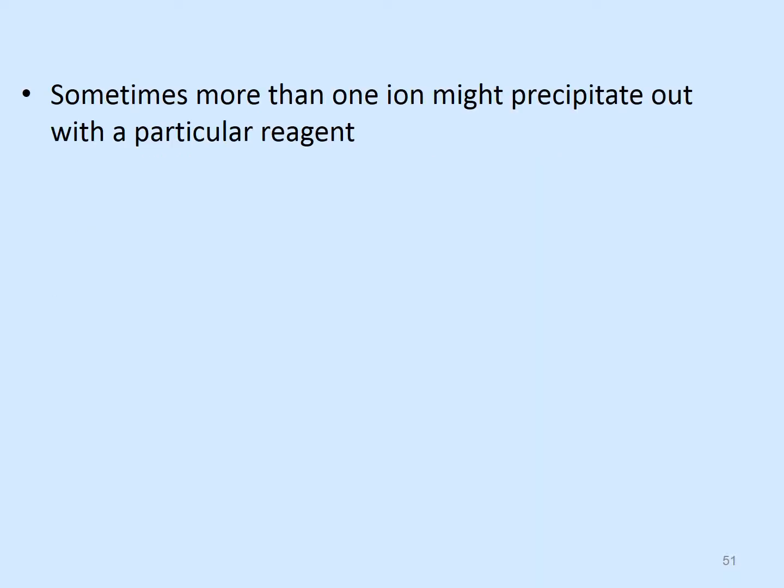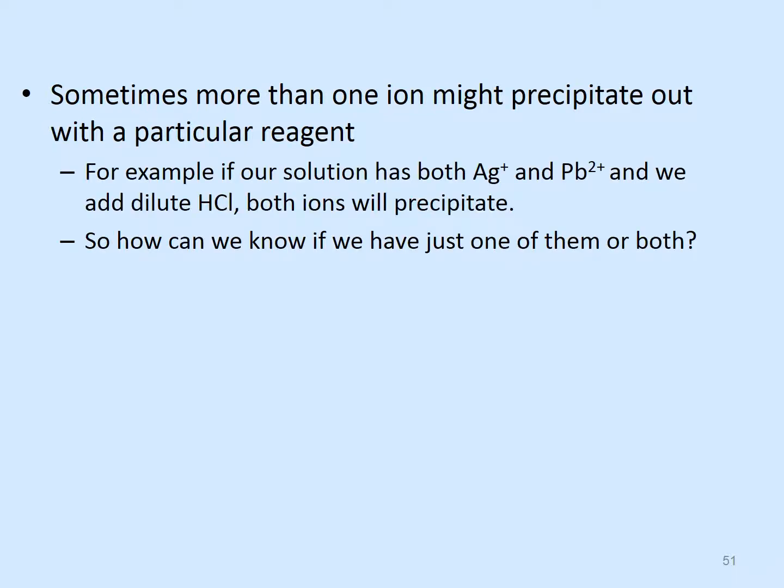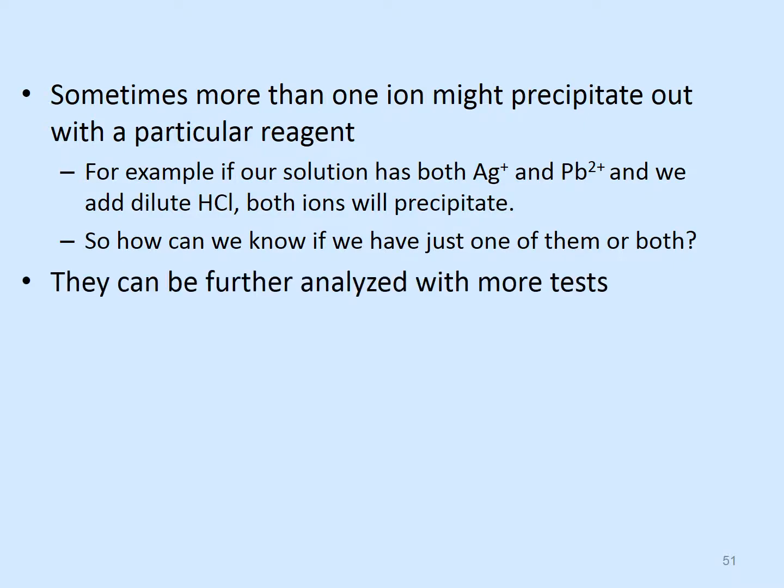So like I said, sometimes more than one ion might precipitate with a particular reagent, like silver and lead might both precipitate out. If we added the HCl, both ions would precipitate, but how do we know if we just have one or both of them? They can be further analyzed with more tests. So as you'll see in lab, if you heat up the silver chloride and the lead chloride, one of them will dissolve and one of them won't.